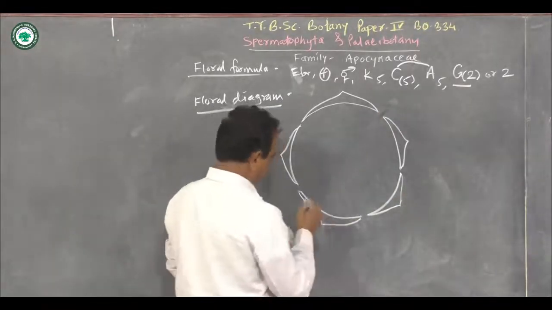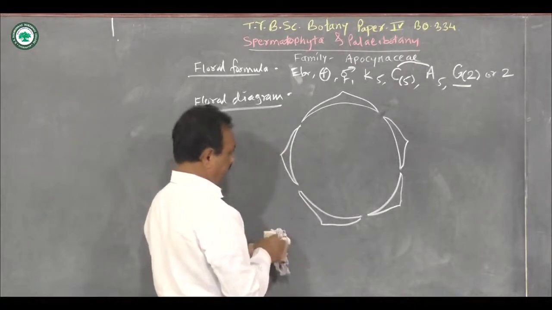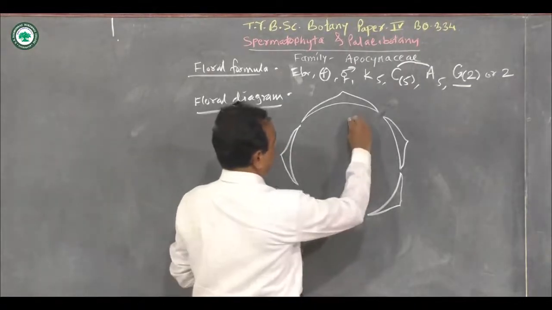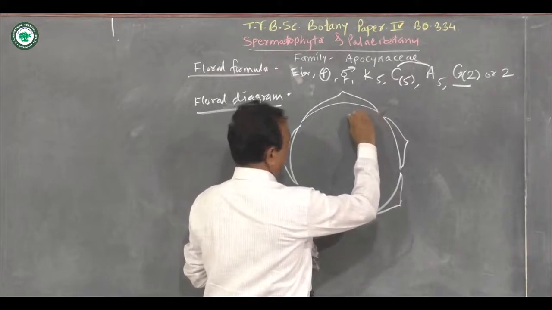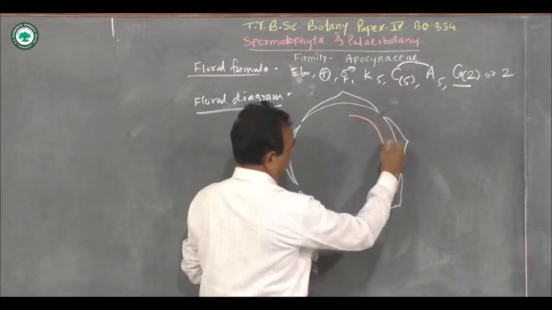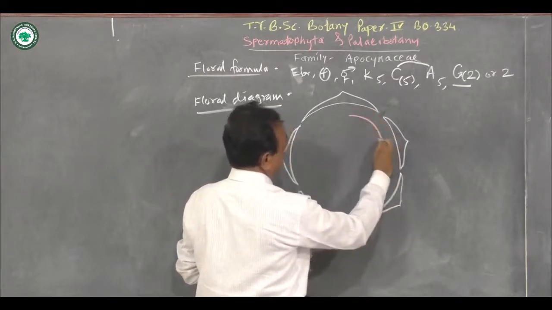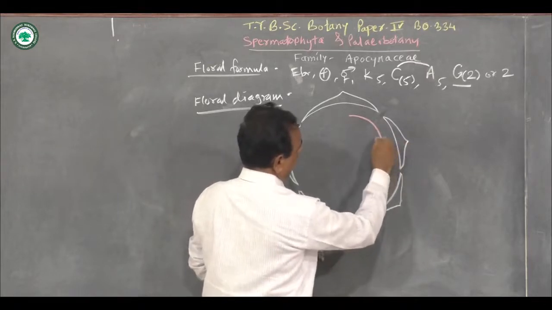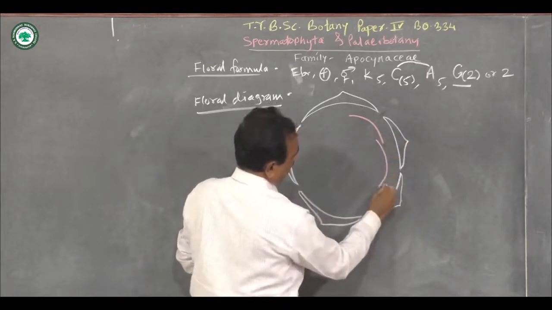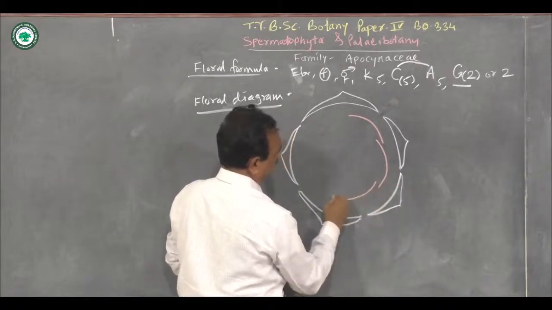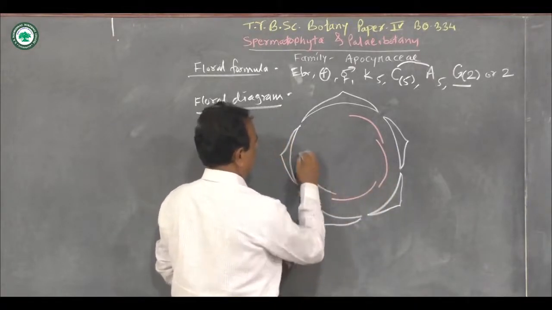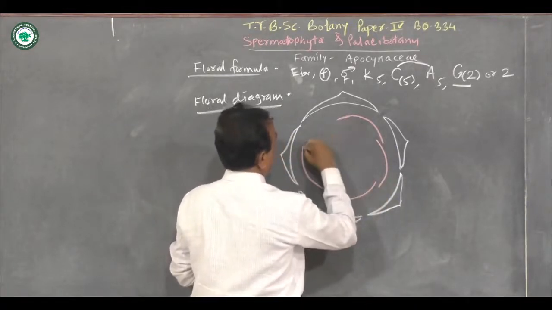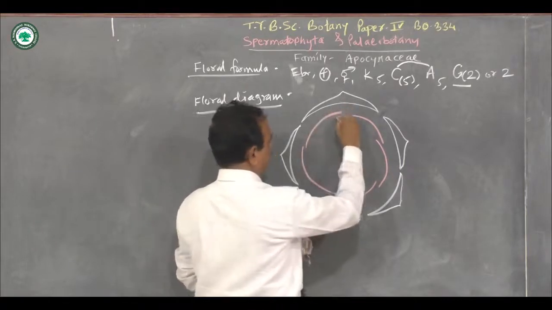Now, if you see the corolla, it shows the presence of the petals. They are 5 and they are present in the twisted type of estivation.